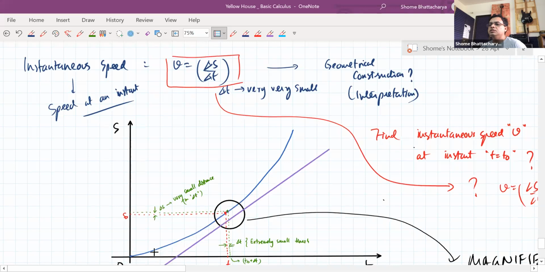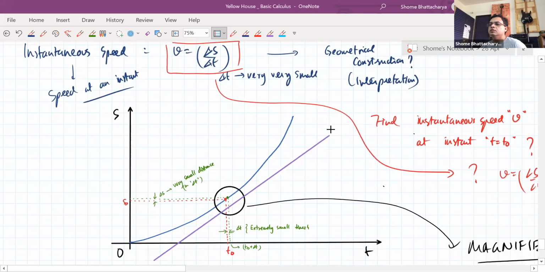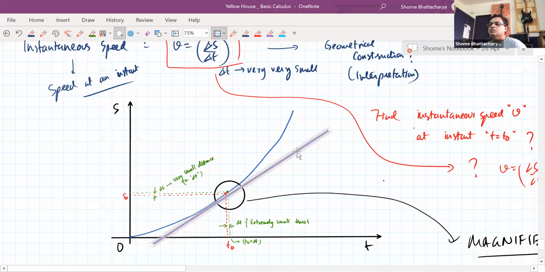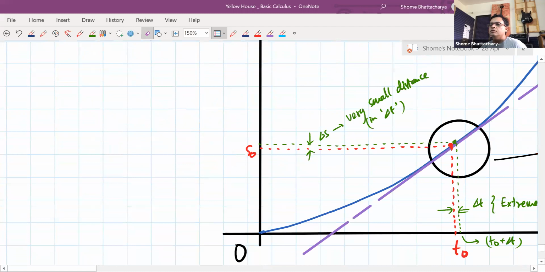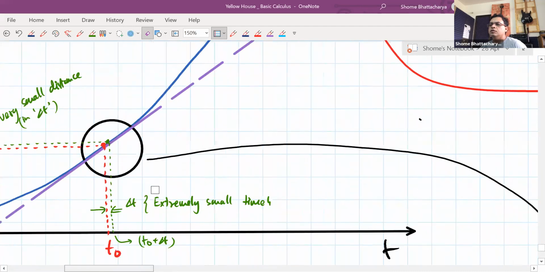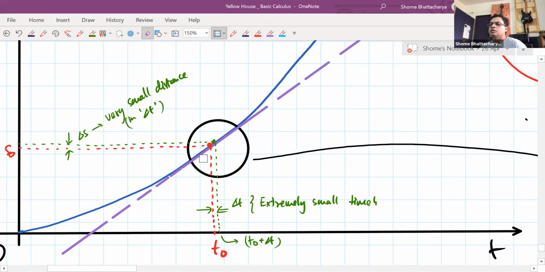As you can see, it's not even easy to construct, let alone calculate.